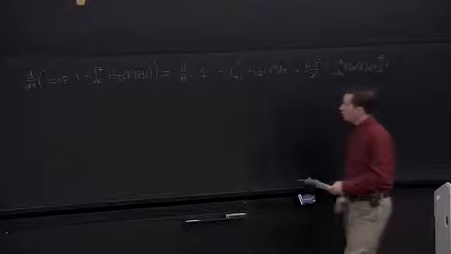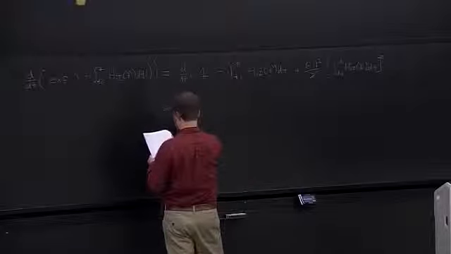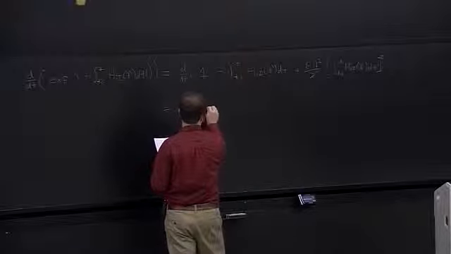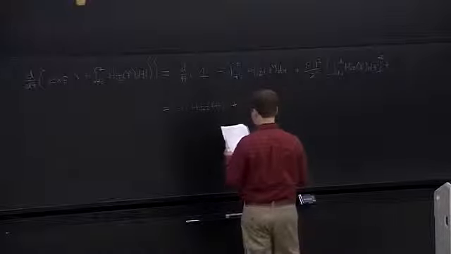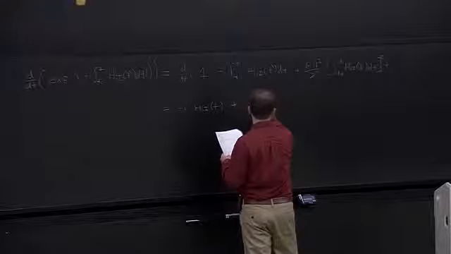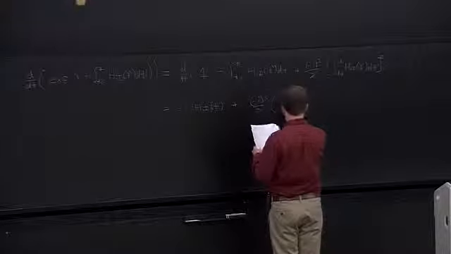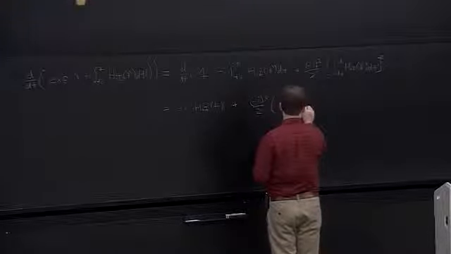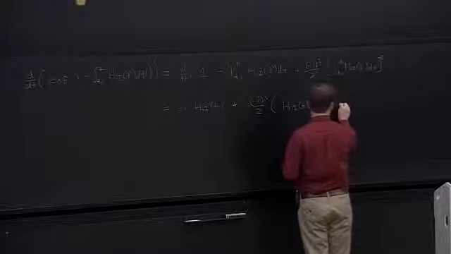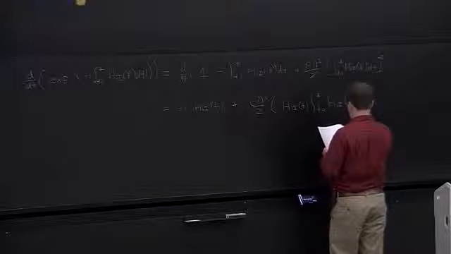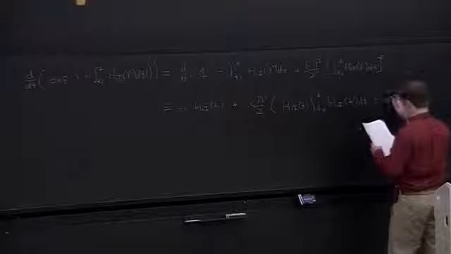Okay. And we can compute the derivative. The first term is straightforward: we get H_I of t. The next term, we get minus i squared over 2. Then we get two terms: H_I of t times the integral, and we also get another term where the integral is first.